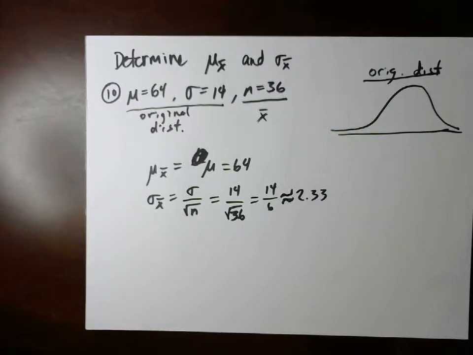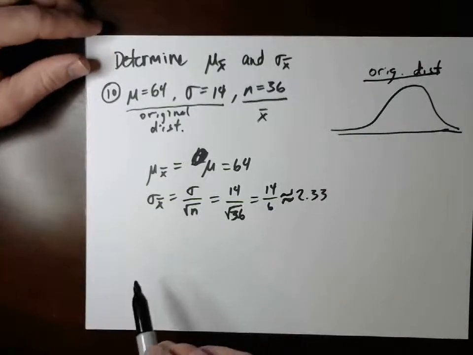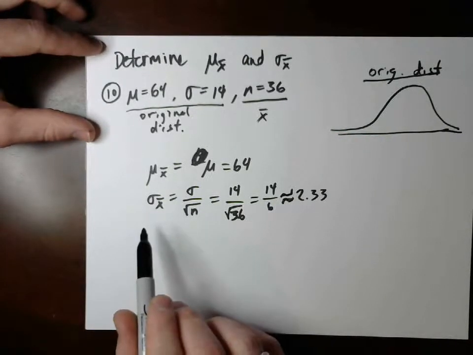If we did not know the original distribution was normally distributed, and we only had n equals 4, then we wouldn't have a large enough sample size to know that the sampling distribution is normally distributed. So keep in mind that you need to know that information. We'll highlight that in a moment on the next example.